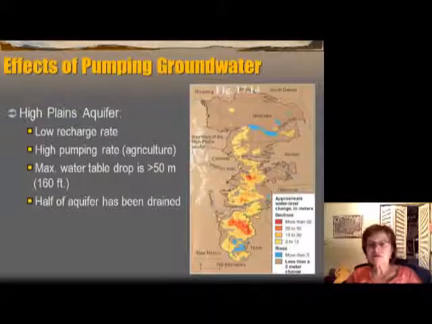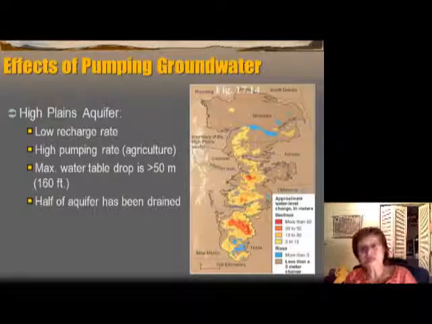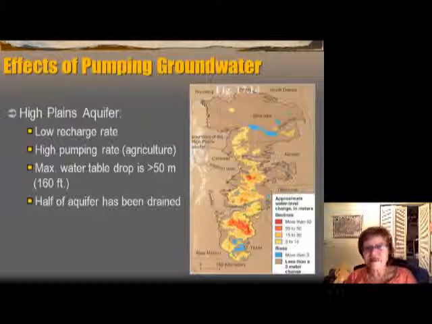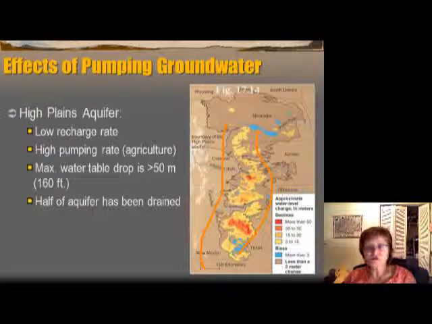So this is the place where we got to talk about the effect of pumping of groundwater, especially when there is no recharge. If there is no recharge in the area and people are using it up, like in dry areas like the High Plains Aquifer, which is right here, the Ogallala, they have used up half of the groundwater, and it's a paleo groundwater, which means it doesn't get discharged.